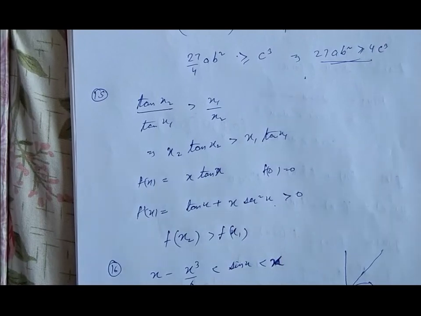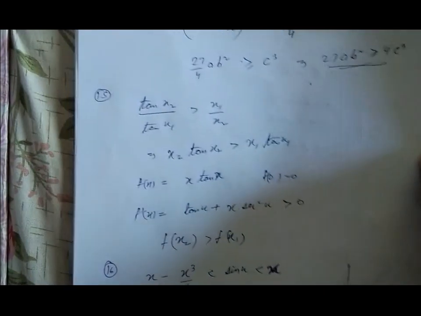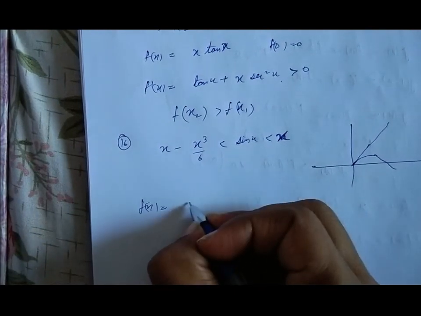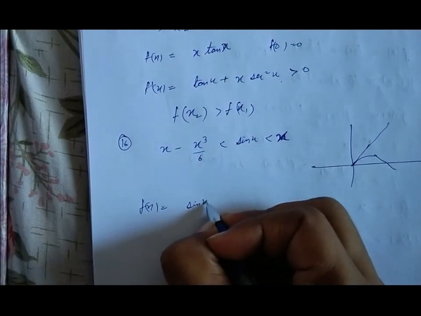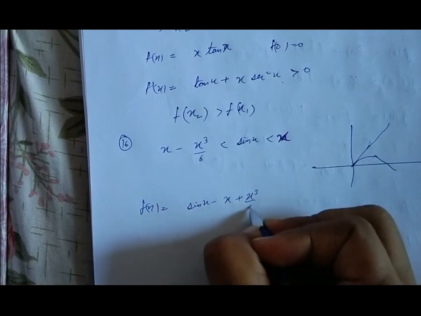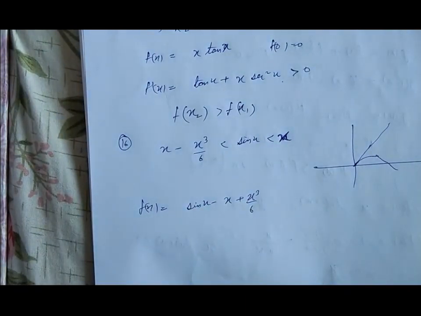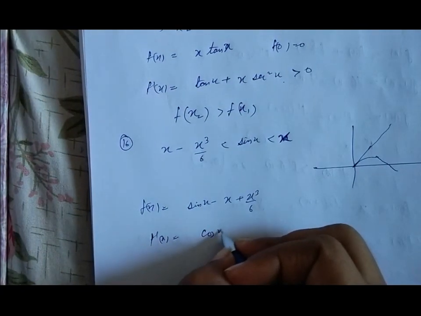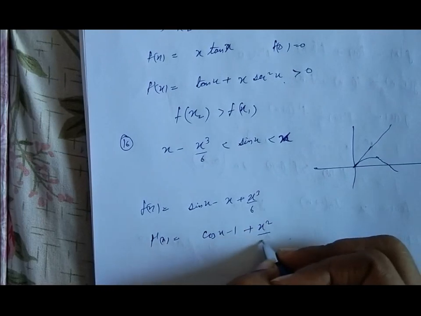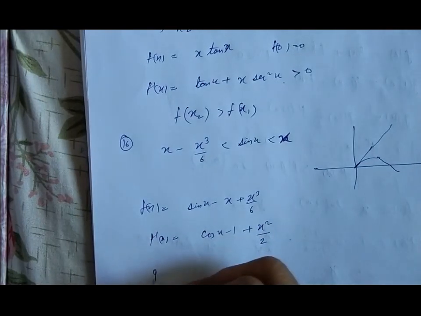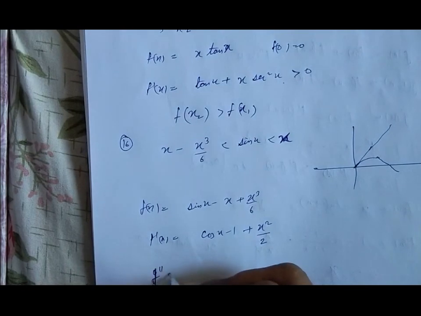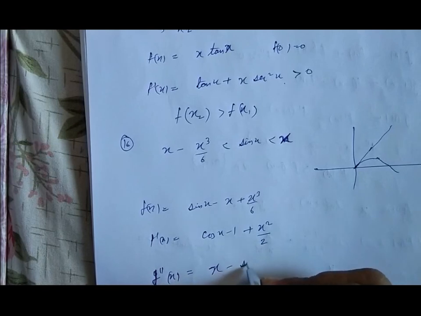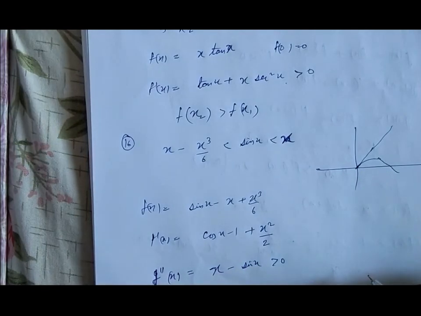So we would need to assume a function, let's say f(x) is equal to sin x minus x plus x cube by 6, and then f'(x) would be equal to cos x minus 1 plus x square by 2, and f''(x) would be equal to x minus sin x, which is greater than 0 for all 0 to pi by 2.